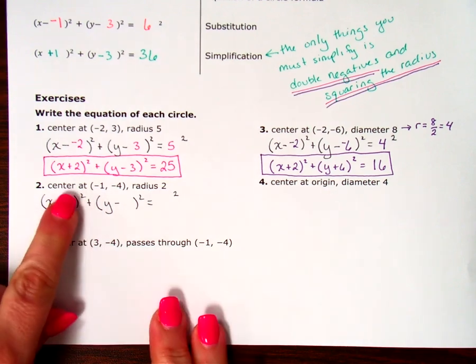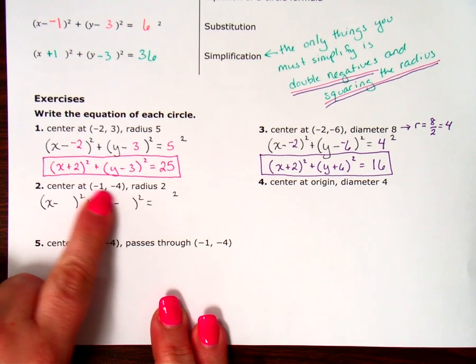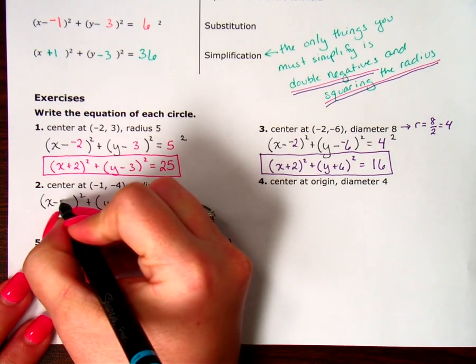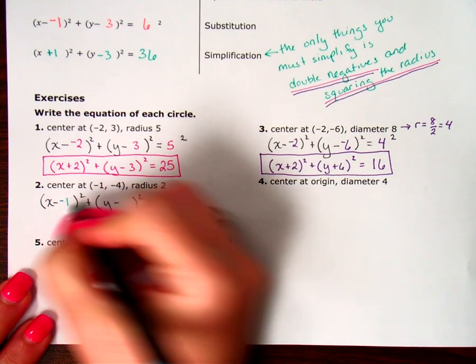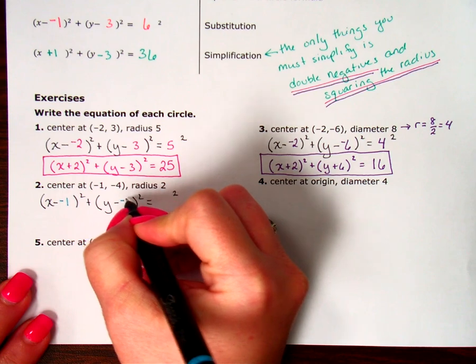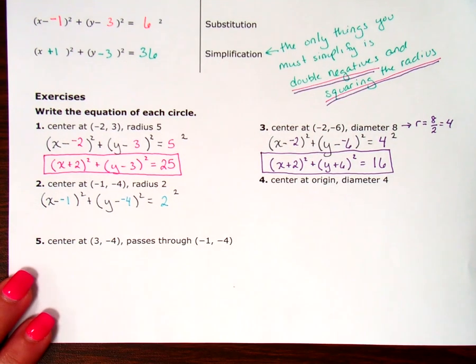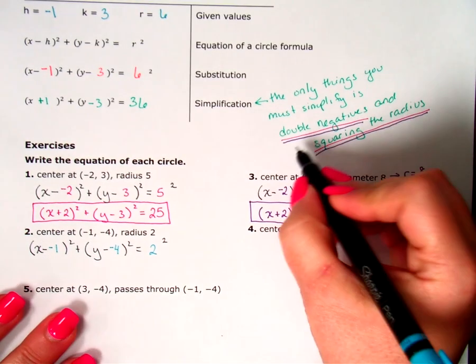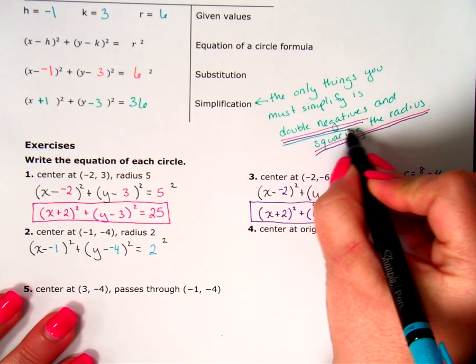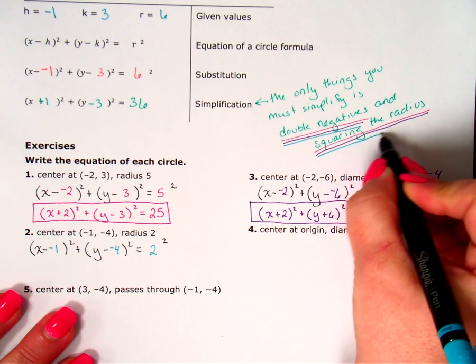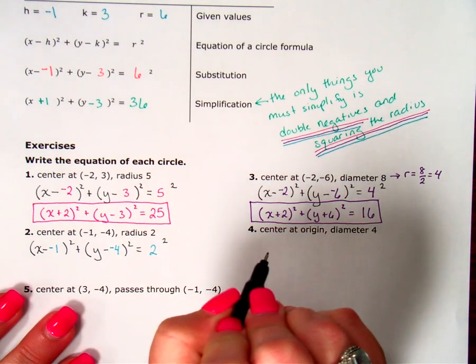So I look at my center and I look at its x and its y. That's my h and my k. So the x goes with x, the y goes with y, and the radius goes after the equals. And so now all I have to do is simplify any double negatives, and I have to square my radius.